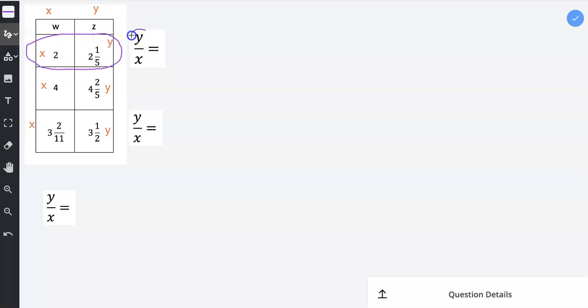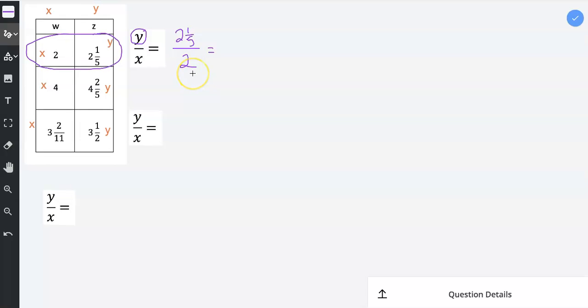And the Y value, you have to be very careful here, this is an important part, the Y value is 2 1/5. I'm seeing a lot of kids who are still mixing up where X goes and where Y goes. So Y is 2 1/5, X is 2. So take your time with this part, check it, make sure it is correct.